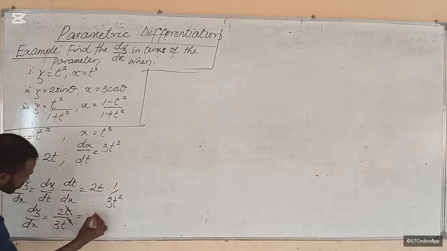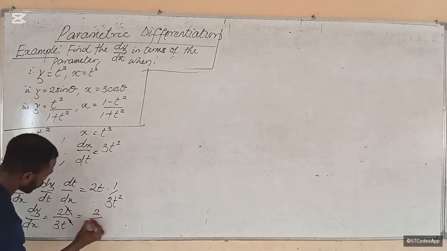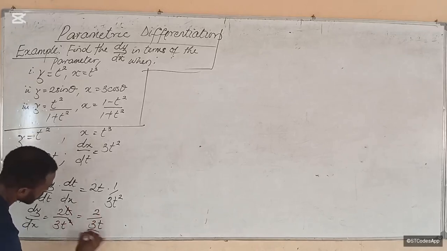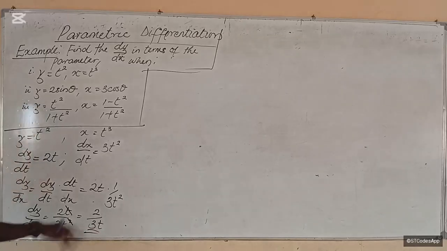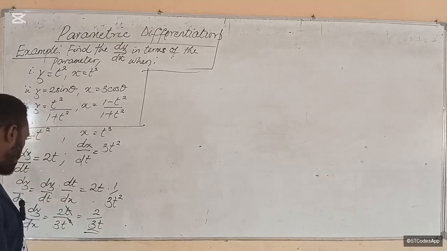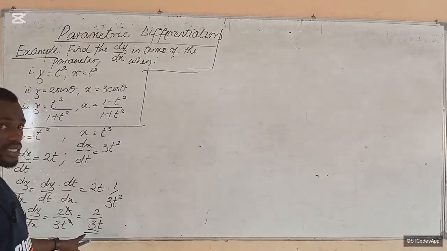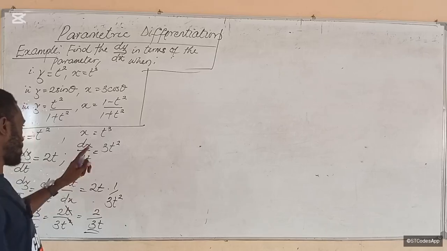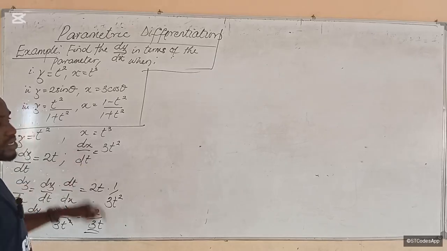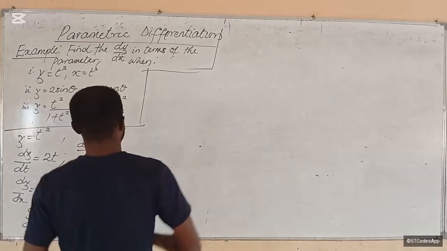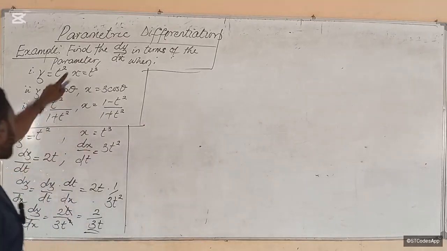So this takes care of 1, then we have our dy/dx equals 2 over 3t. So if you wanted to go a step further, you just find d/dt of this. Does that make sense? And you now multiply it by dt/dx again, and then you get your answer. All right, so this will be the answer for the first one.